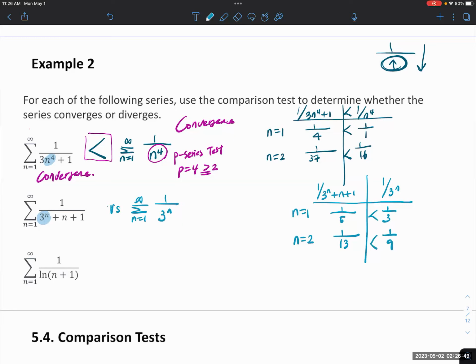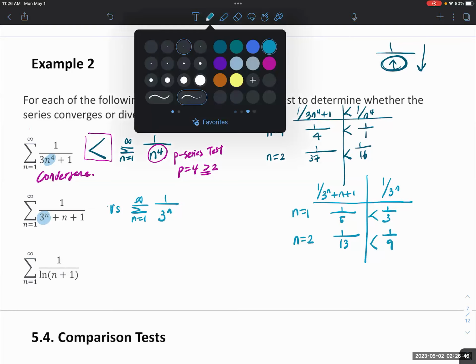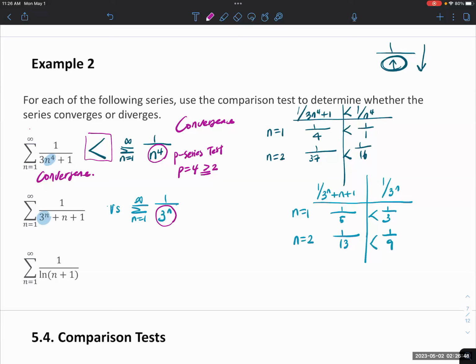And then, do you think we can use a P series here? Nope. P series only has n to the P, 1 over n to the P, but we have a constant 3. So you write 1 over 3 to the n, 1 over 3 to the second. You keep multiplying by 1 over 3 to find the next term.